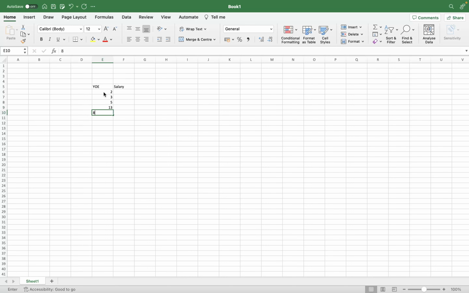Then we'll take 8 years, then 16 years, then 11 years, then 1 year, then 9 years. Okay? For salary, give arbitrary values: 15, 20, 42, then 64, then 50, then 90, then 58, then 8, and then 54, right?